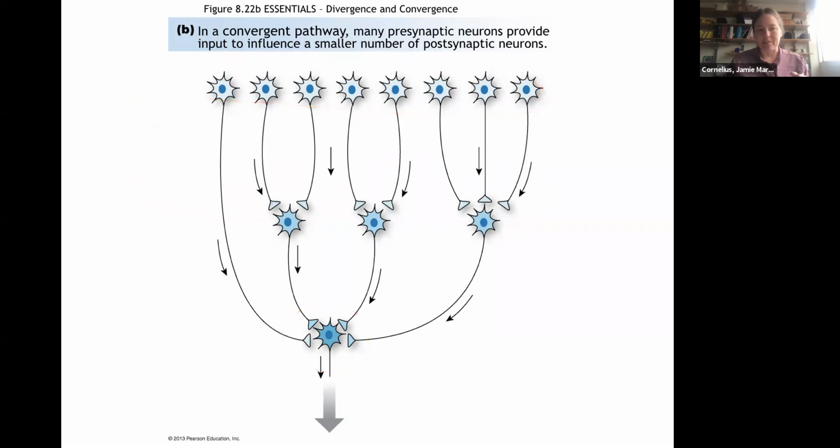And that's helpful because while it's important to be able to feel touch on every part of your body, it's probably not important to keep a one-to-one representation all the way up to the brain. That would take an enormous amount of neural space in the brain, and that space can be utilized much more efficiently. And so a lot of convergence happens in sensory systems.